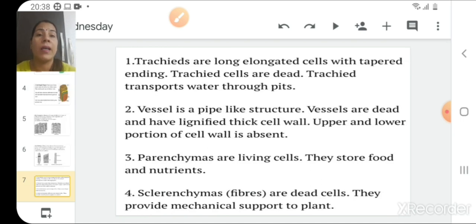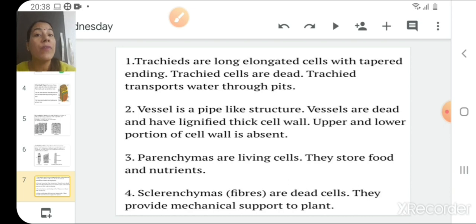So let us explain these again. Tracheids are long elongated cells with tapered ending. Tracheid cells are dead. Tracheids transport water through pits. Vessel is a pipe-like structure. Vessels are dead and have a lignified thick cell wall. The upper and lower portions of the cell wall are absent.